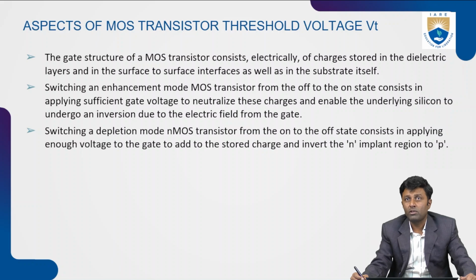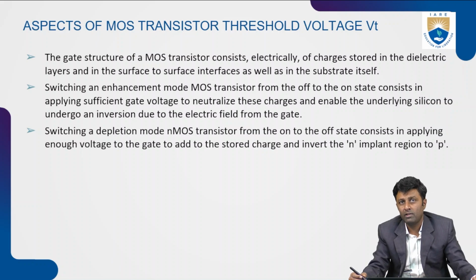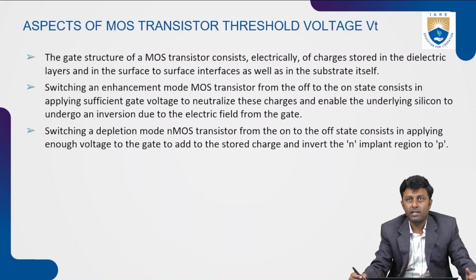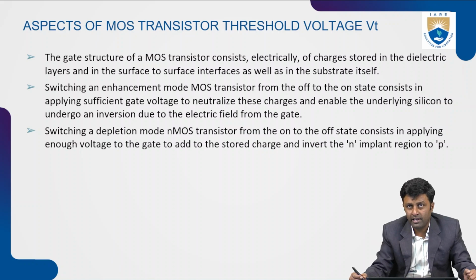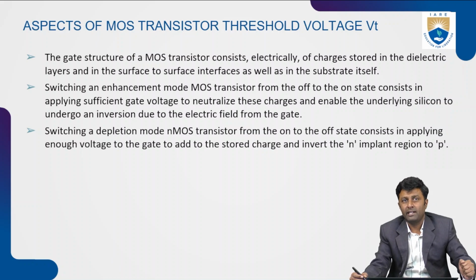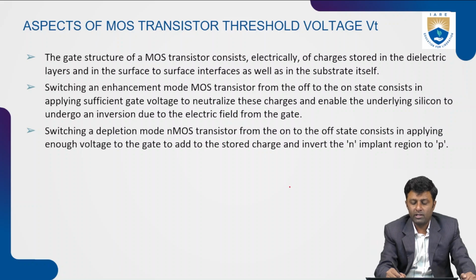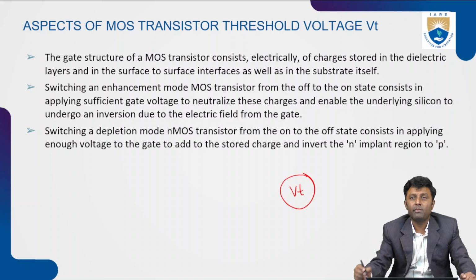Now the aspects of the MOS transistor threshold voltage. We'll see the importance of the threshold voltage. The gate structure of a MOS transistor consists of electrical charges stored in the dielectric layers and the surface to surface interfaces, as well as in the substrate itself. The threshold voltage is the voltage at which the transistor will be on.